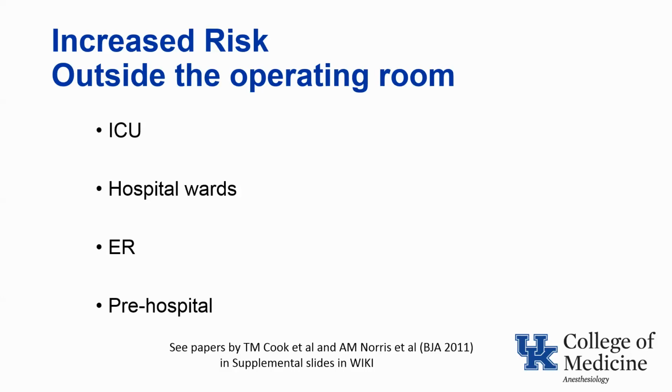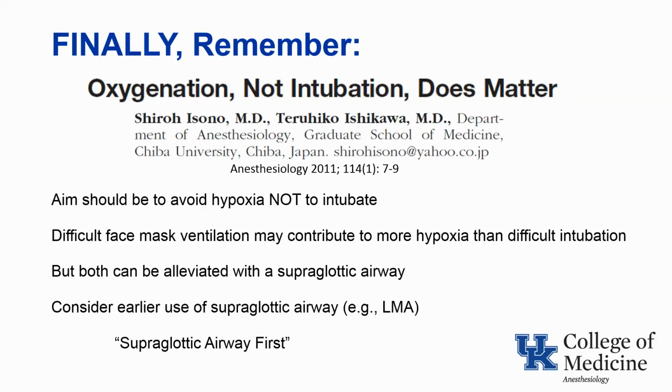Lastly, we need to emphasize that there is increased risk outside of the operating room, in the ICU, on the wards, in the emergency room, and in the pre-hospital environment. These have nicely been reviewed by 2 papers from Great Britain, which are also listed in your supplemental slides on Wiki. Finally, remember, our objective is to maintain oxygenation, not intubation.